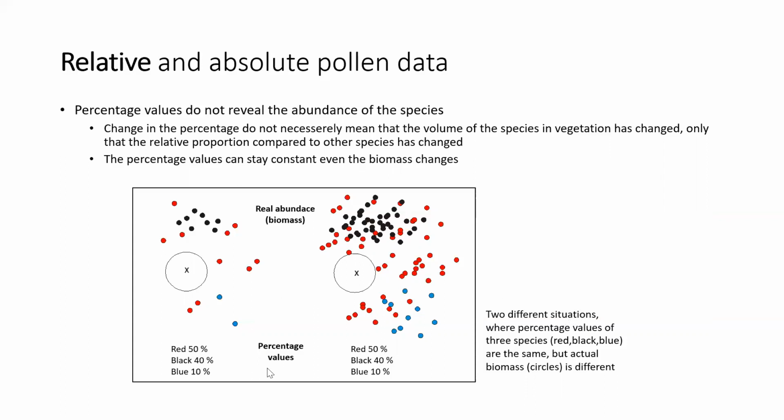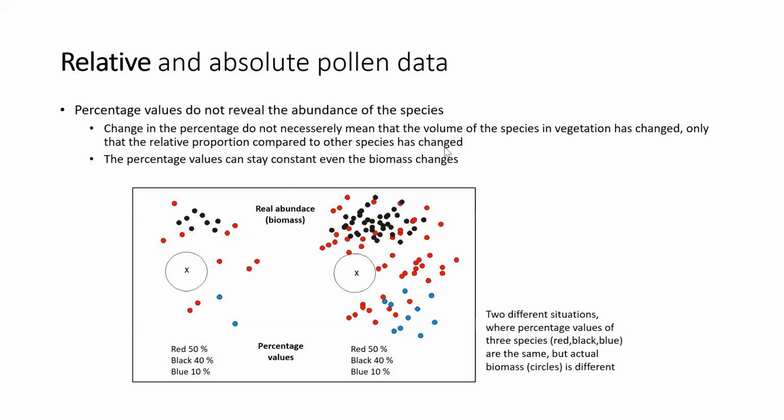So basically we can have a situation where we would have a vegetation community that has less biomass, so for example, fewer trees. We can think that the black, red, and blue dots are presenting different tree species. And here we have 50% of the trees are red, 40% are black, and then 10% are blue.